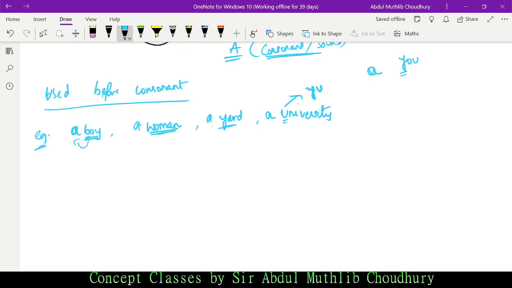So in university, y is a consonant, thus I am using the article a instead of an. If you place an, it will be an error. Why? Because we focus on vowel sound, not the letter. All right, moving ahead, unicorn. U, again y, thus a. I hope this doubt is clear.